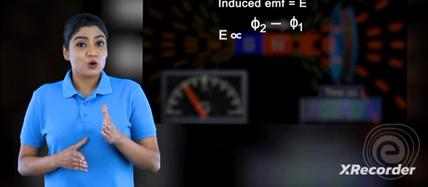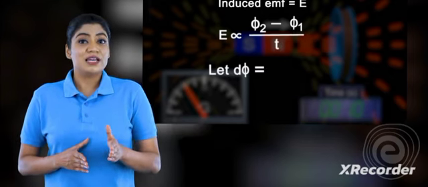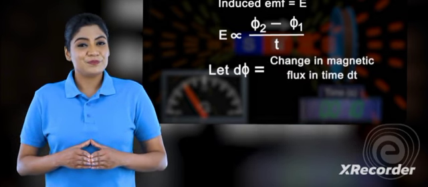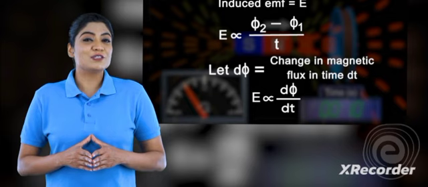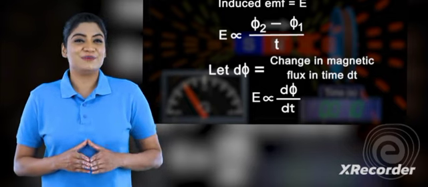By Faraday's second law, the induced EMF E is proportional to phi2 minus phi1 over t. Let d phi equal the change in magnetic flux in time dt. Therefore, E is proportional to d phi over dt.